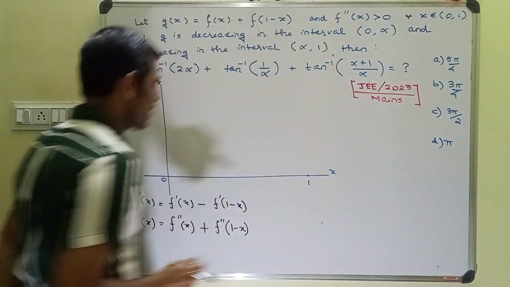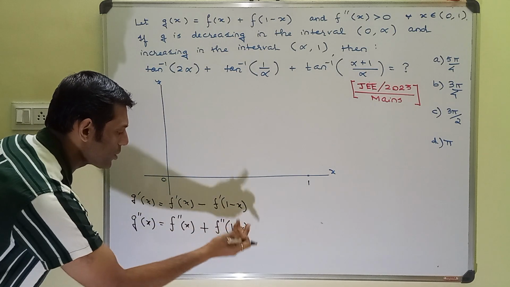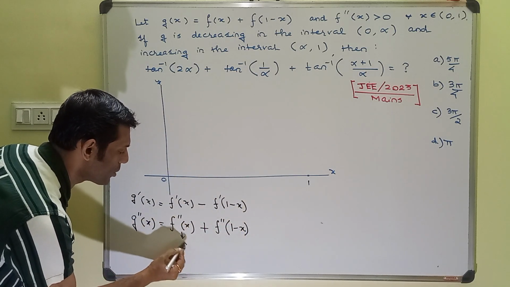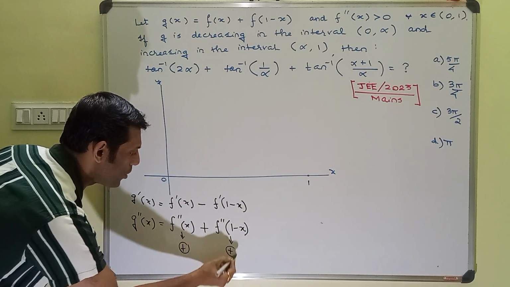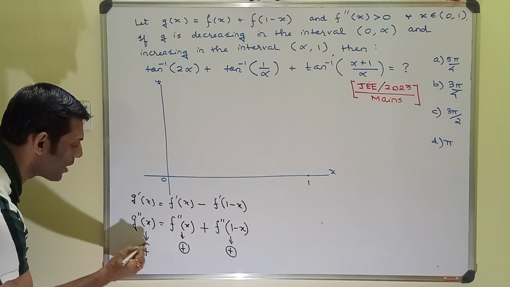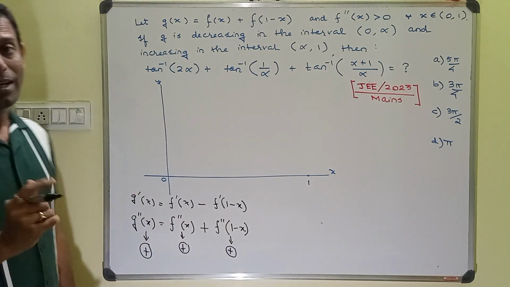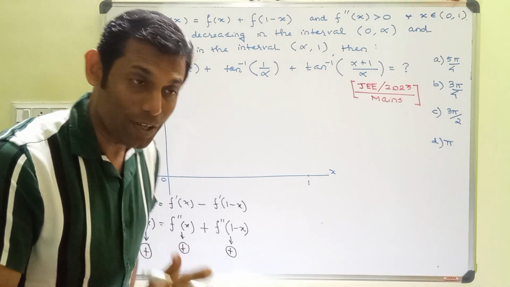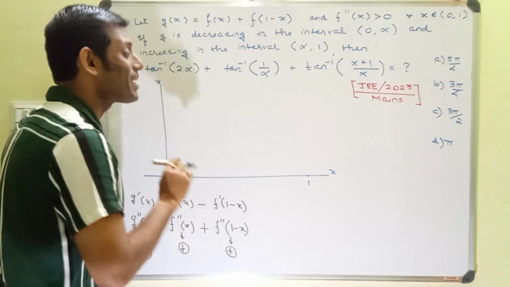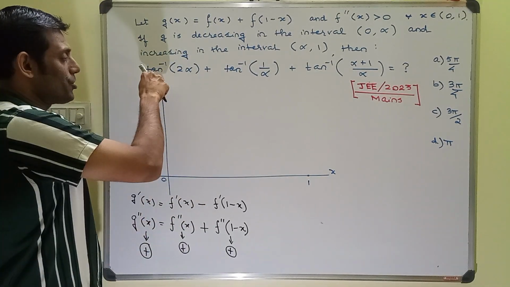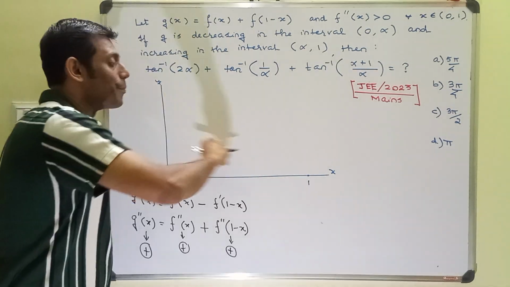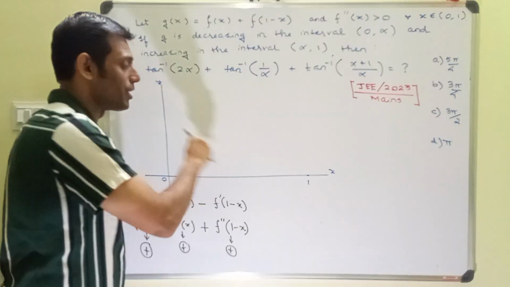For x as a fraction, x and 1 minus x both remain fractions. Therefore, this is positive and this is positive, and that means g double dash of x is also positive, and that means the g function is an accelerating function. That means it is producing a minima nature in this interval.